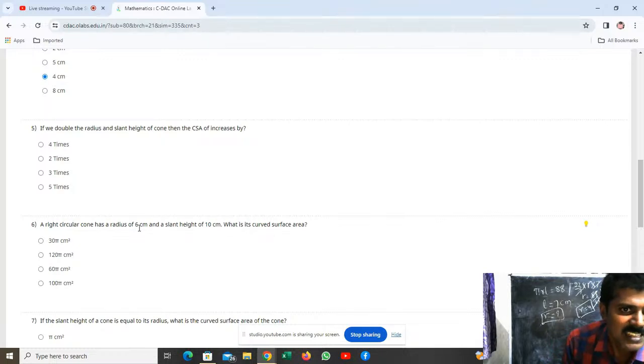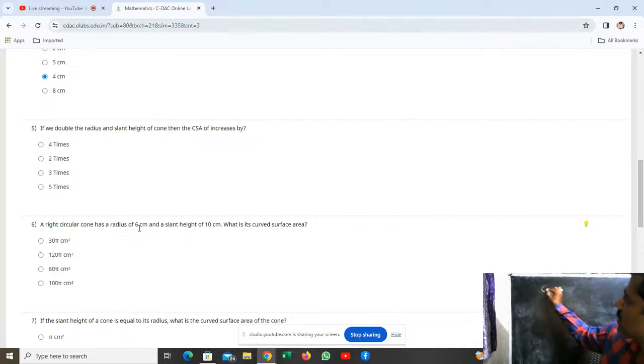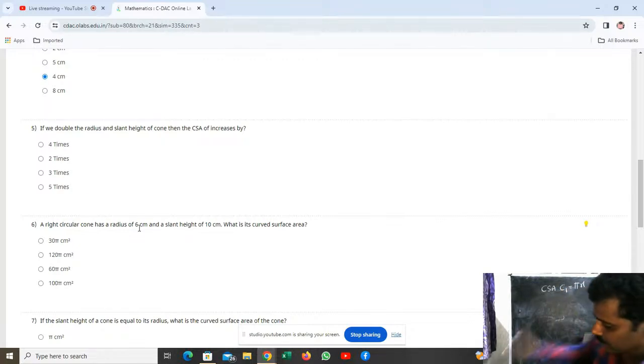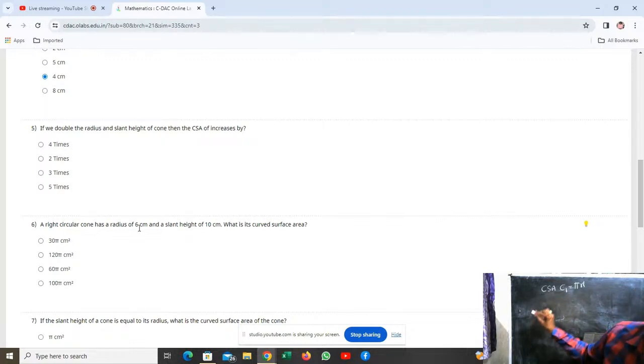Now the fifth one: if we double the radius and slant height of a cone, then the CSA increases by what? For this, first see the initial CSA. Let us take this one as C1, which is equal to pi RL. Now, what happened? The radius is doubled and the slant height is also doubled.